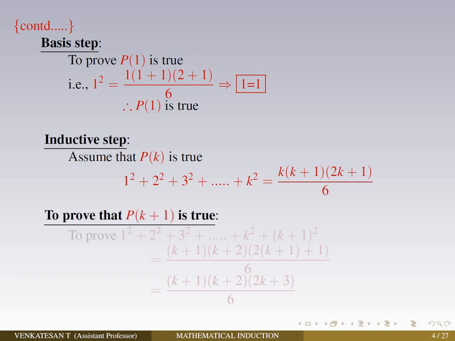Now I want to prove that P(k+1) is true. That is replacing k with k plus 1, which means 1 square plus 2 square plus 3 square plus etc. up to k square plus (k plus 1) whole square. Similarly, on the right hand side, if I replace all k values with k plus 1, I'll be getting (k plus 1) into (k plus 2) into (2k plus 3) divided by 6.